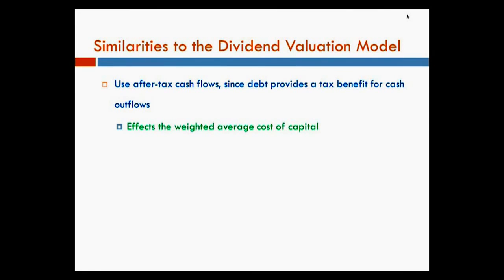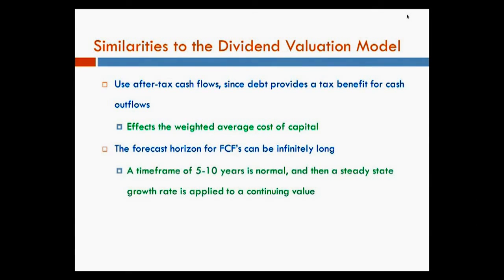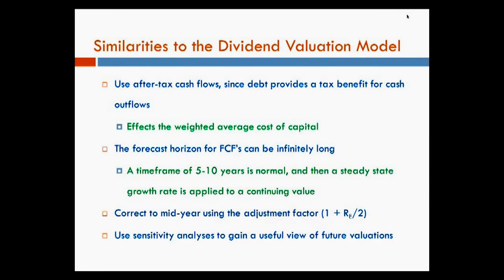Use the after-tax cash flows because debt matters as it relates to taxes. Infinity, but we're going to use the 5-year plan. You have to do the mid-year adjustment, just as we did. And you'll need to do sensitivity analysis as well.